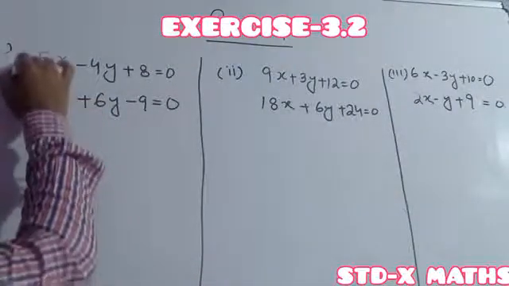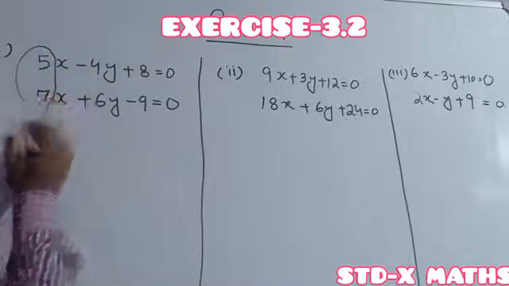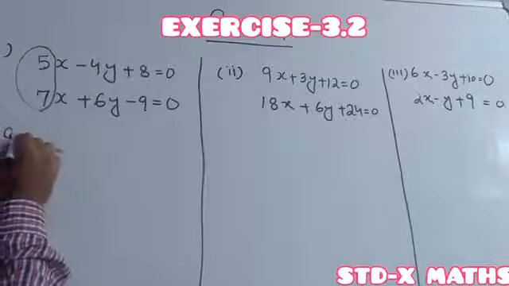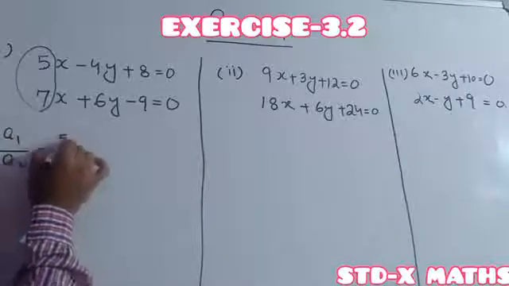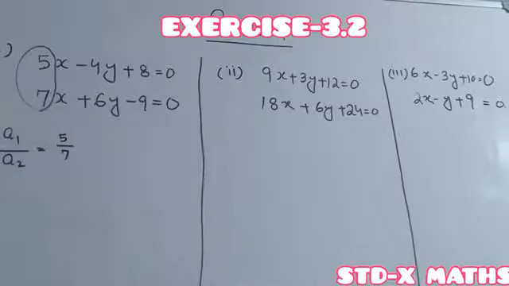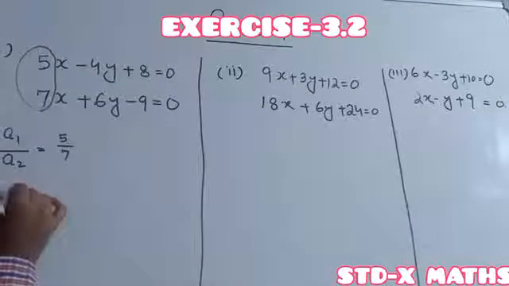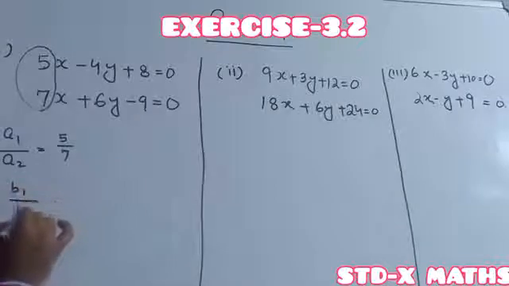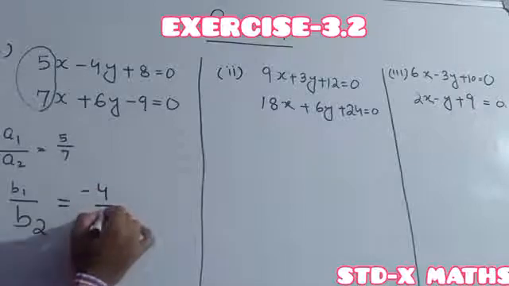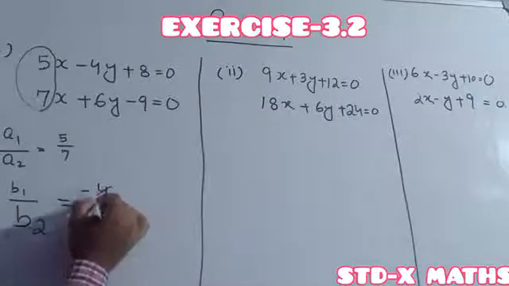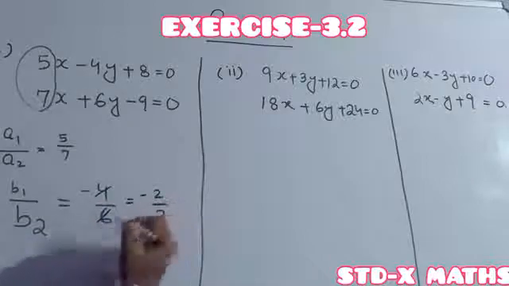See here, a1 is 5 and a2 is 7, so a1 divided by a2 is 5 by 7. Then b1 divided by b2 is minus 4 by 6, which on simplifying gives minus 2 by 3.